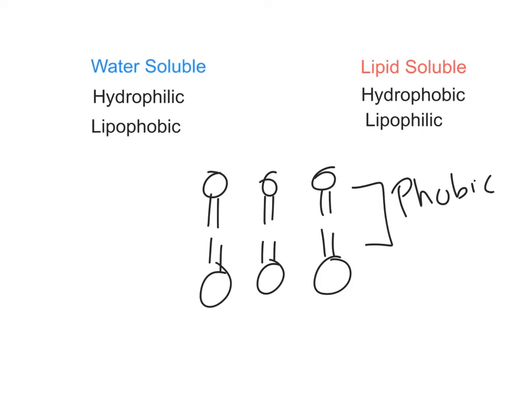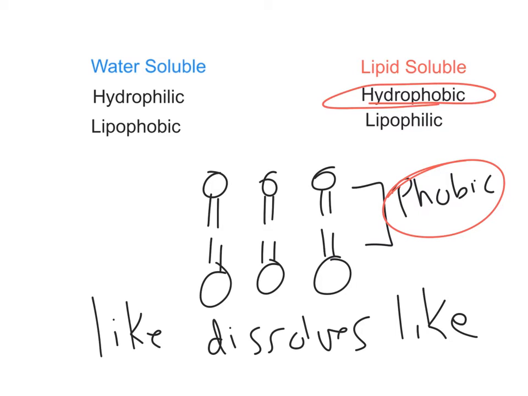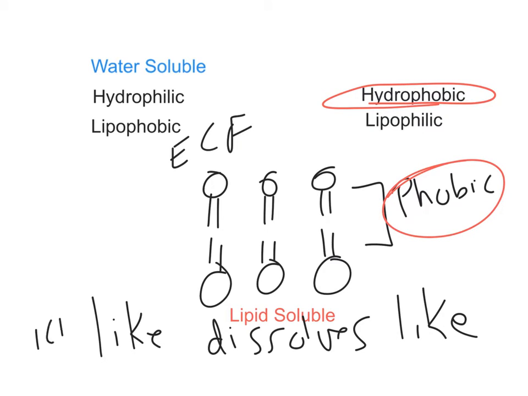The concept that you have to remember is that like dissolves like, which means hydrophilic will dissolve hydrophilic, hydrophobic will dissolve hydrophobic, which means that in order to pass through the hydrophobic interior of this membrane, the molecule must be hydrophobic, which means that lipid-soluble molecules are going to be able to pass through the phospholipid bilayer and go from the extracellular fluid into the intracellular fluid.